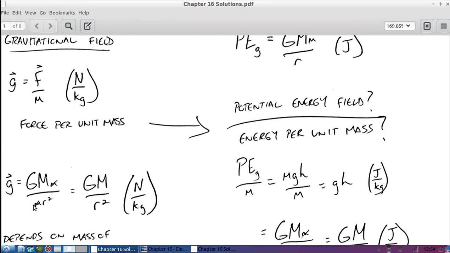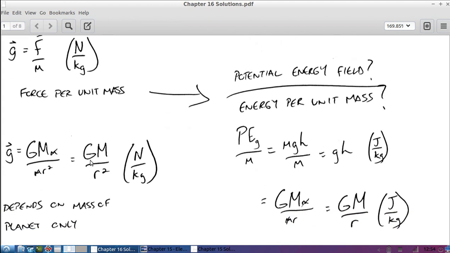So I have my gravitational constant, I have the mass of the Earth, and I have the distance between the Earth and some location where the moon is. I'm still in newtons per kilogram, it's a gravitational field, but the value of this gravitational field only depends on the mass of Earth. It's independent of the mass of the moon. So I'm just calculating the value of the gravitational field at this location.